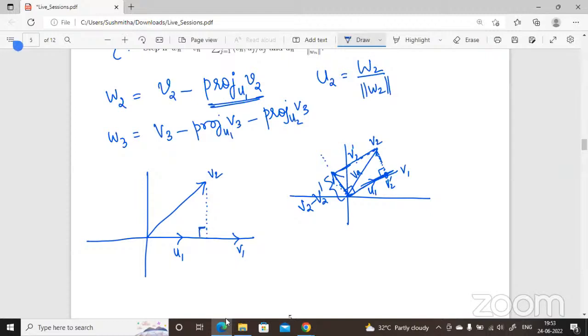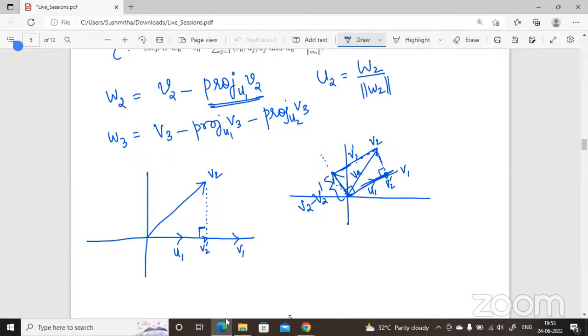This is my V2 dash. And now the vertical one, if we call it x dash, V2 dash plus x dash is equal to V2. That's how we are going, is it?